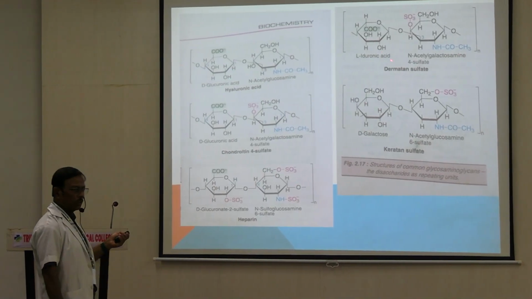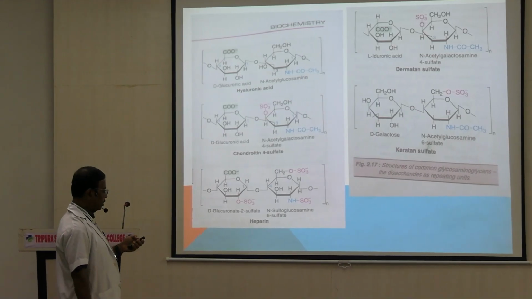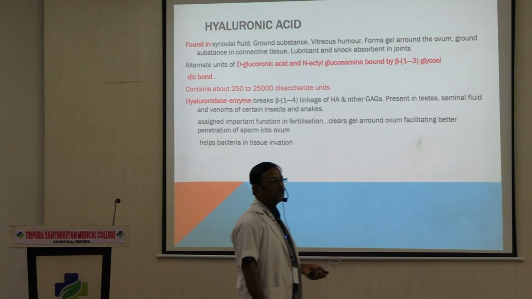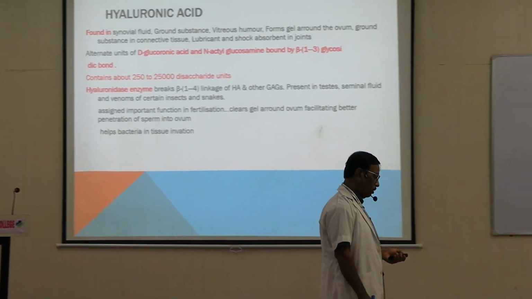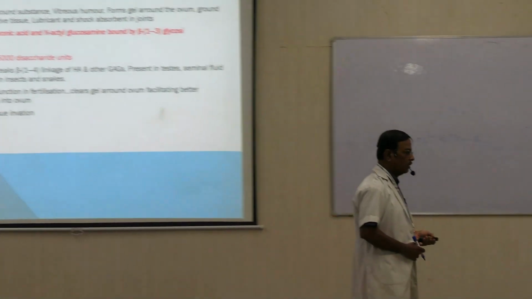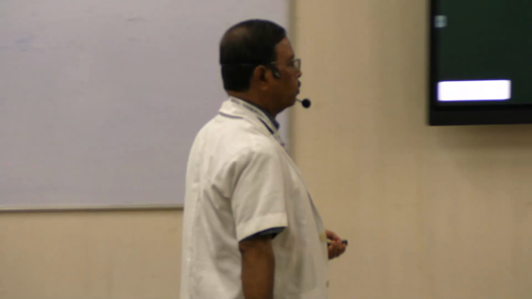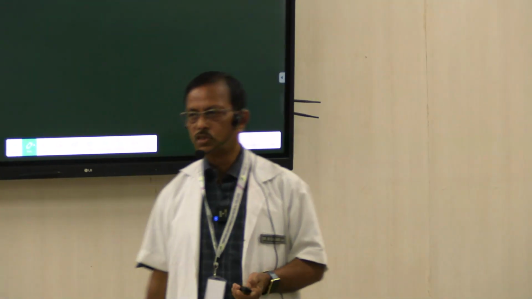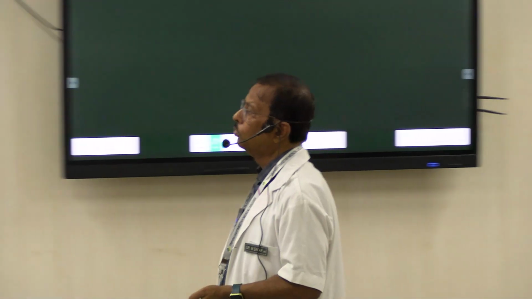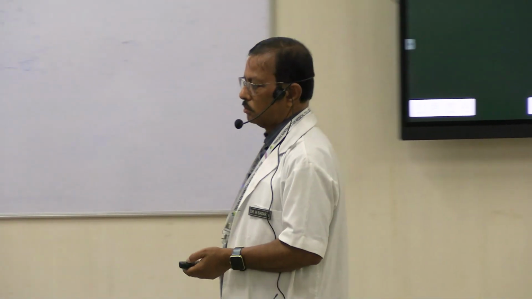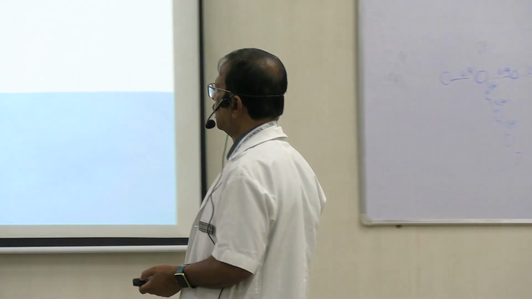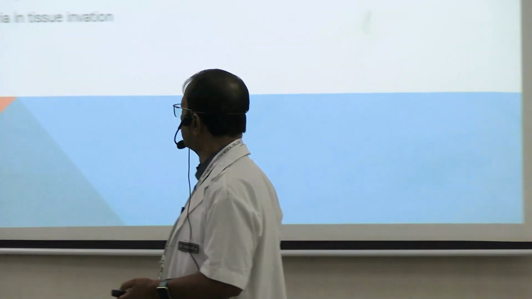So this is iduronic acid, and this is glucuronic acid. About hyaluronic acid, there used to be some question. This time they wanted to know about the structure of two glycosaminoglycans. So at least two or three you have to know, so that you can write.